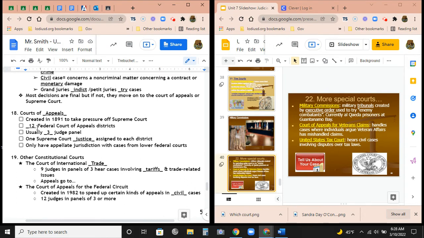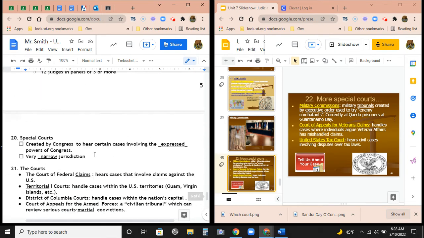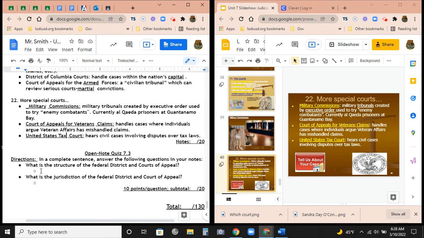Court of Appeals structure, you'll have 12 federal courts of appeals and 3 judge panels with the Supreme Court justice. All right, that was a lot, so let's go ahead and I'll type this one out for you.